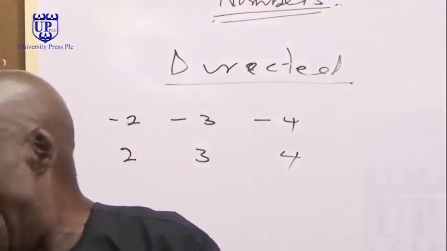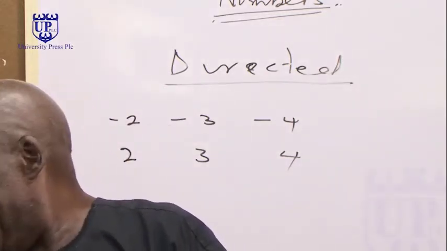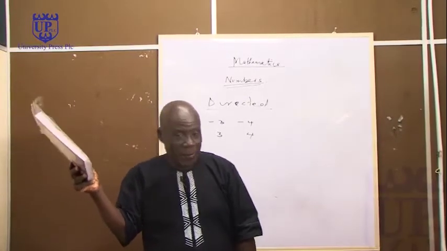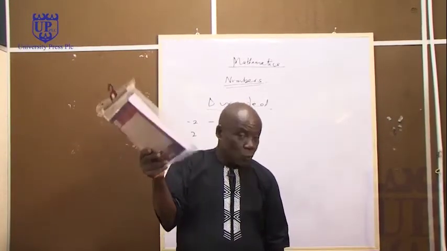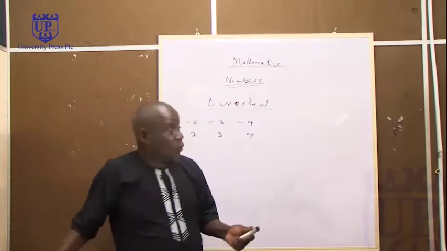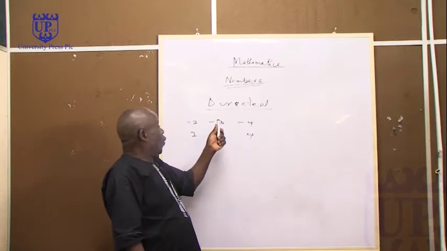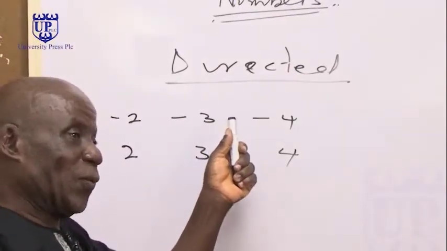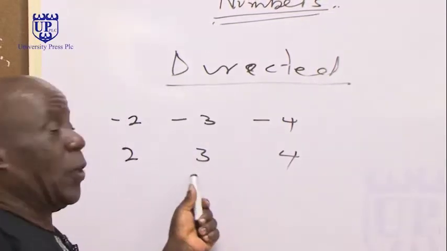I am very sure you are aware that in your Mathematics Book 1, JSS 1, chapter 2, there is directed numbers. Because the way you are going to operate the basic operations with this one is different from this one.